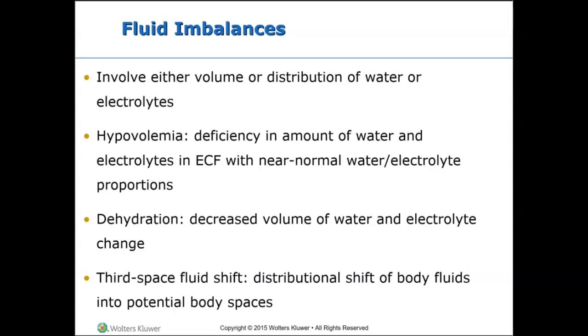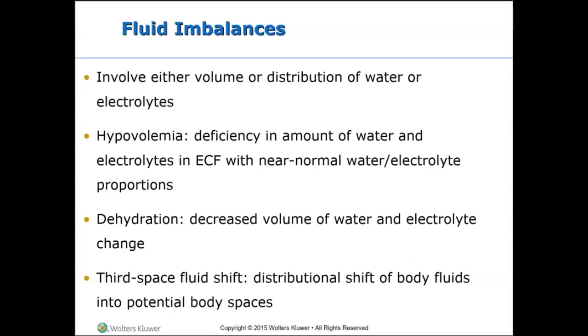Third space fluid shifting refers to the movement of body fluids from the intravascular compartment into the transcellular compartment in the pleural area or the peritoneal or the pericardial, joints, bowels, interstitial spaces, right? Once these fluids have shifted, it is hard to try to return them back to the ECF.